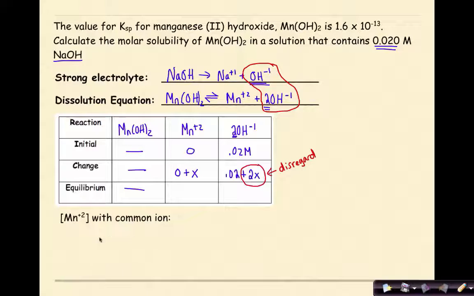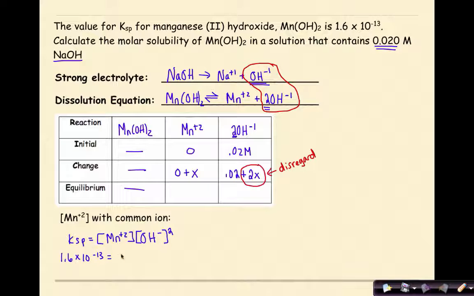So now I'm going to write my KSP expression based off of this dissolution equation. So KSP will equal my concentration of my manganese ion times the concentration of my hydroxide ion, and then of course we know that is squared. And then I'm going to substitute the KSP that was given to me for manganese hydroxide, 1.6 times 10 to the negative 13, very small number.